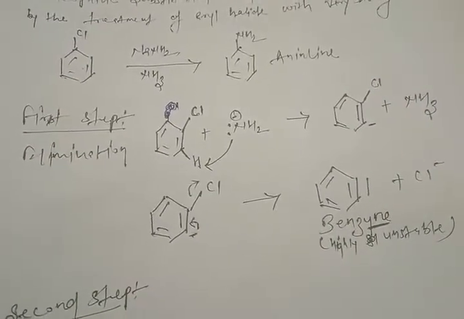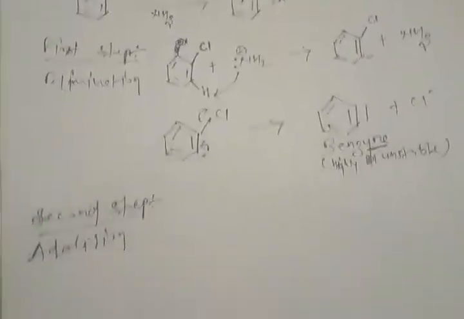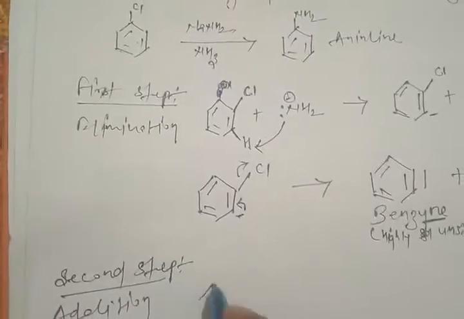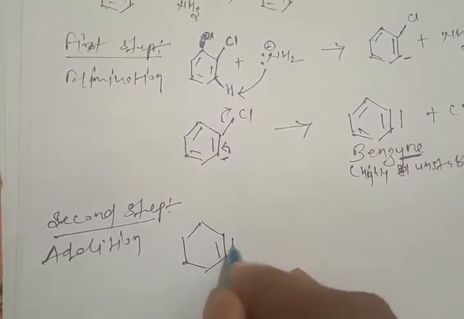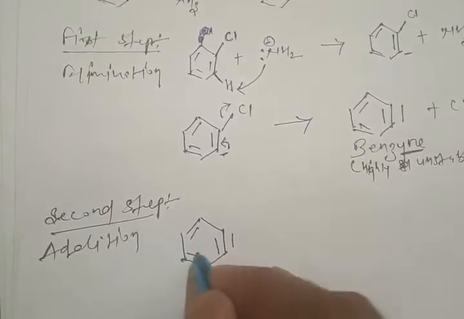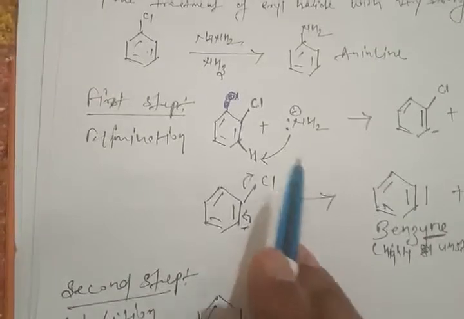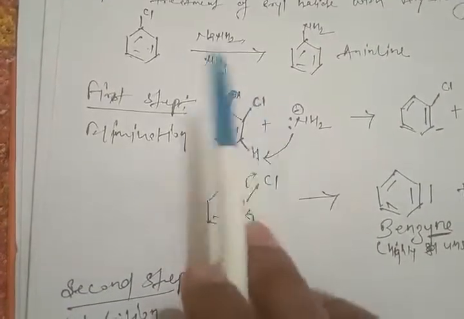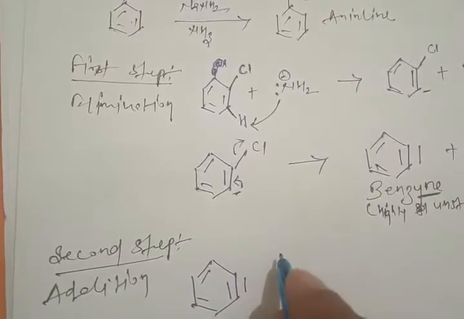Now what will happen in this case? In the second step, where we get the benzyne intermediate, that is a triple bond, and now we have liquid ammonia also, because we know that there is liquid ammonia. So the role of liquid ammonia is here.